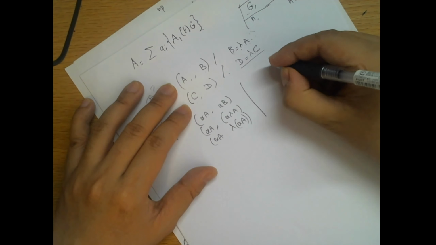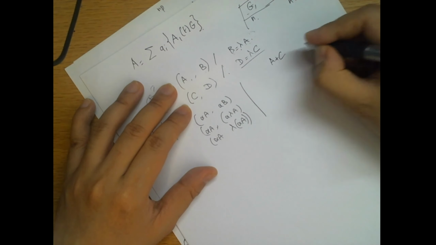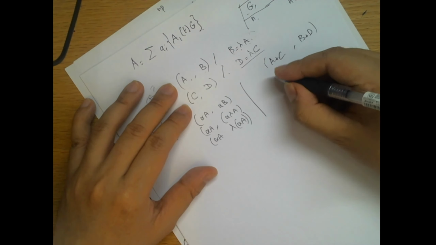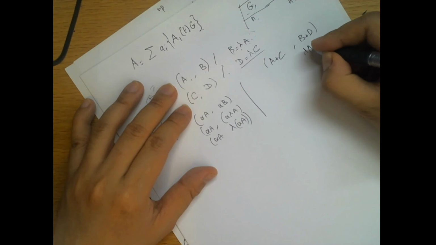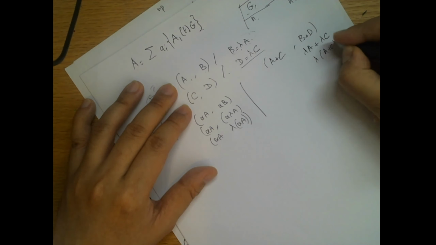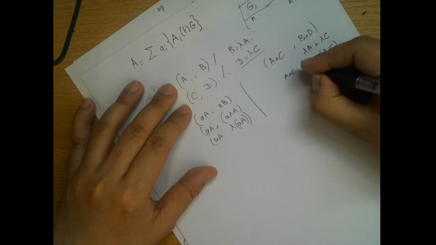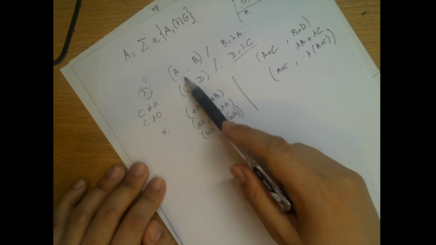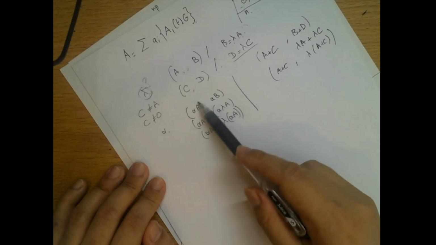Right? So you can also do A plus C and B plus D. That will also work because this is lambda A plus lambda C, and it's lambda times A plus C. So A plus C and lambda times A plus C is also a valid pair. So any linear combinations of whatever you're given will be a valid lambda pair.